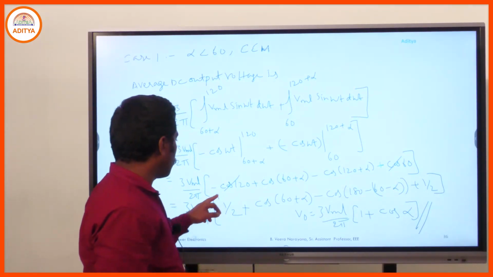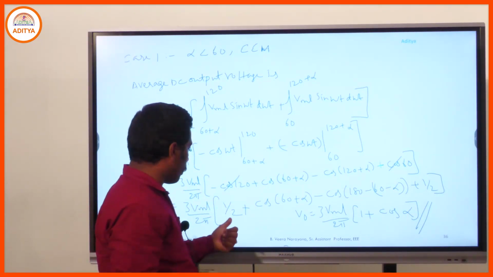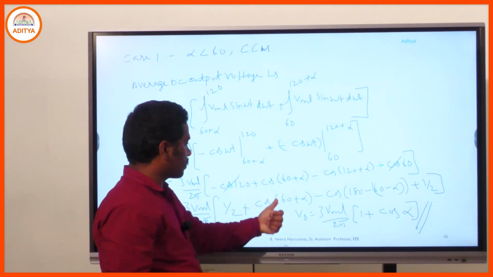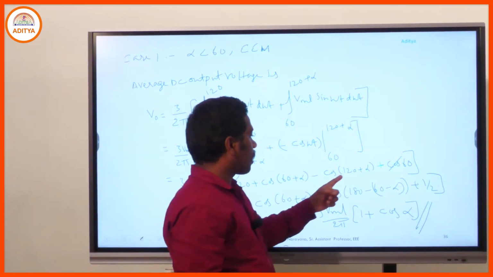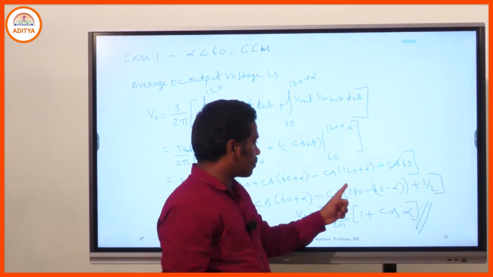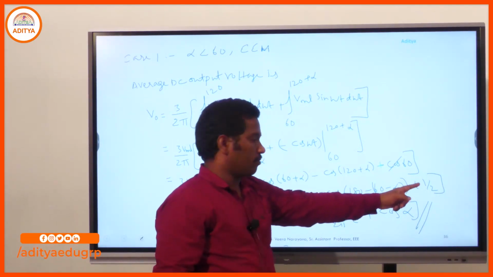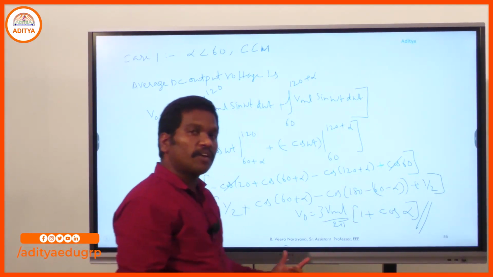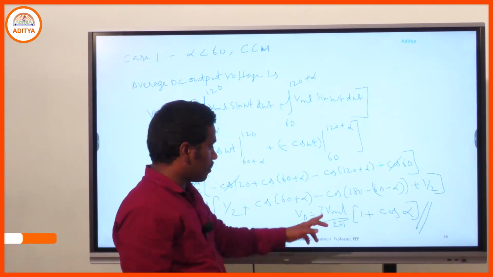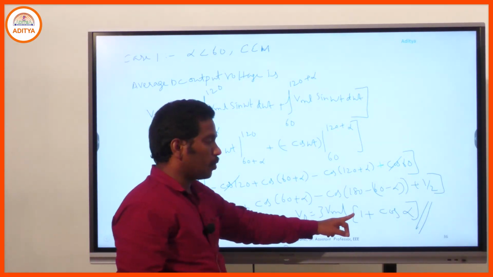Here cos 120 value is given by minus 1 by 2, plus cos 60 plus alpha minus cos 120 plus alpha, which is written as cos 180 minus 60 minus alpha, and cos 60 is 1 by 2.